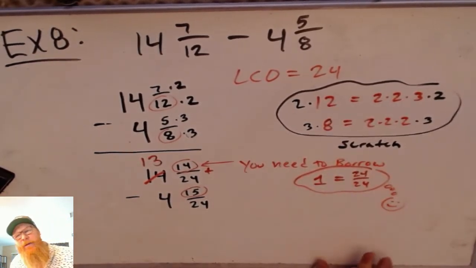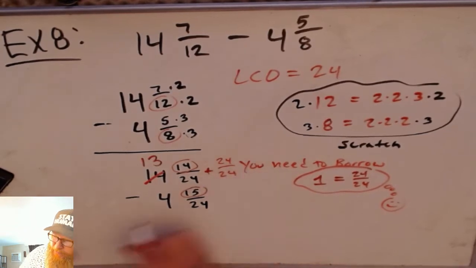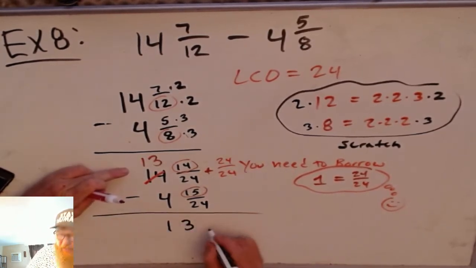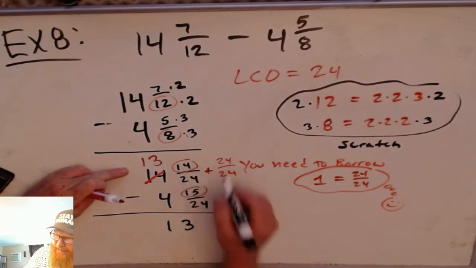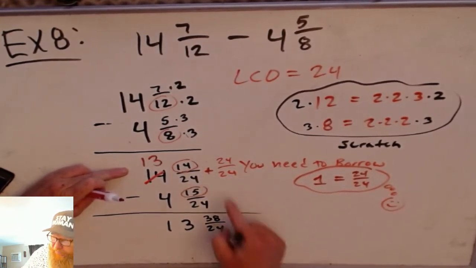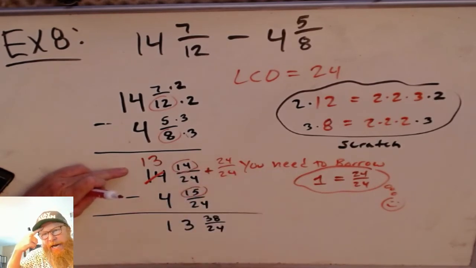Again, I'm just doing that with mental math. All right, I'm rewriting it again. 13 and 38 24ths. Yeah, 14 plus 24 is 38.